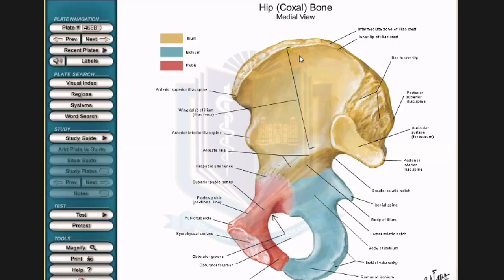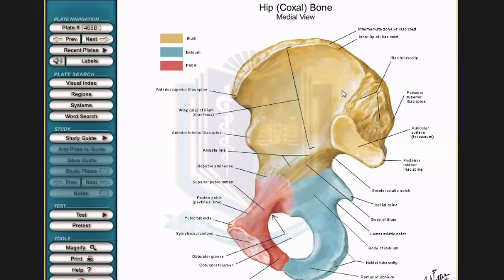The upper depressed area is the iliac fossa that gives origin to the iliacus muscle. Where have you heard the name iliacus?